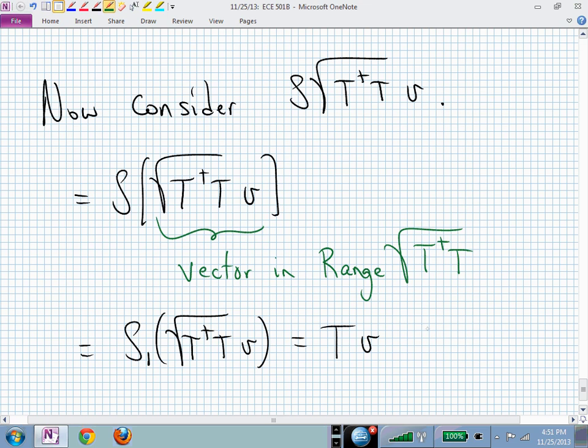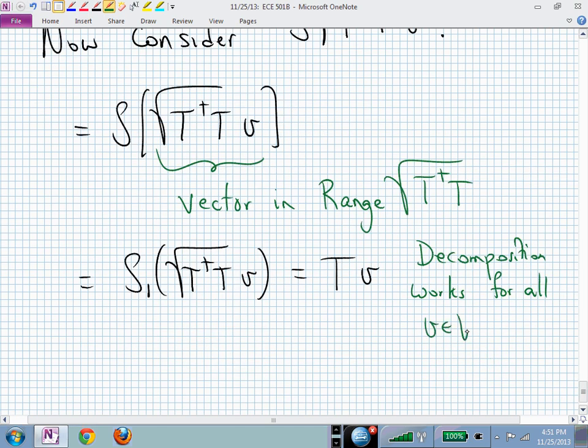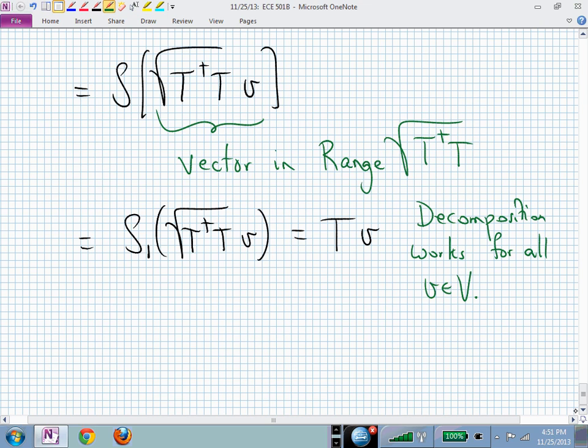So this decomposition works for all vectors v in our original vector space, capital V. And now what we need to show is, or try to determine, if that S is indeed an isometry.